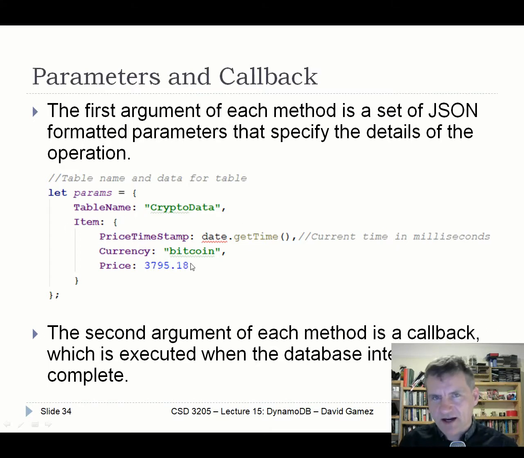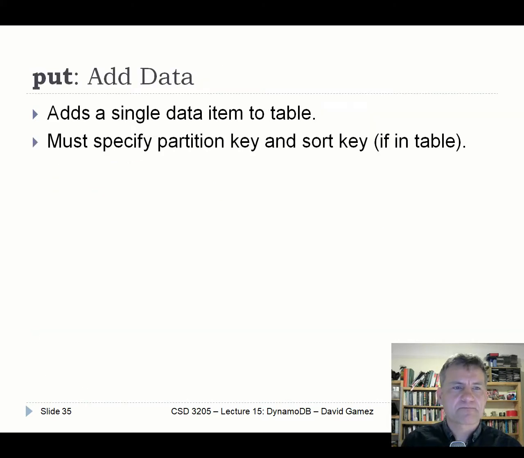And then the second argument of each of these methods is a callback function. And that callback, because this is all asynchronous, right? So what happens is it'll go off, do whatever it does to the database, and then it will call the callback function, which will handle errors or do something useful with the data. And you can always wrap all of this in a promise if you need to sequence calls to the database.